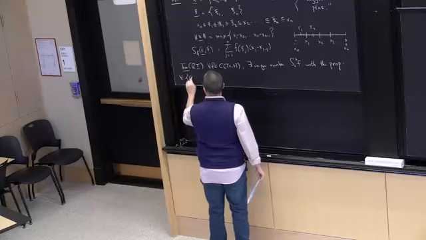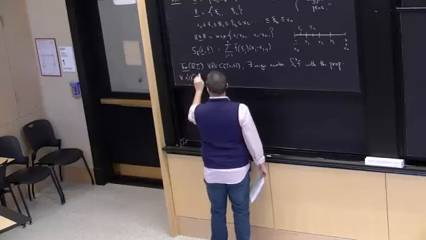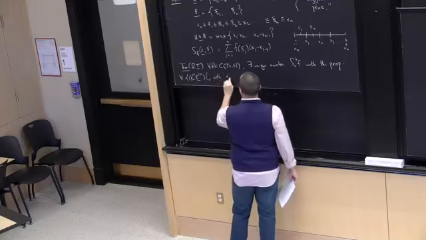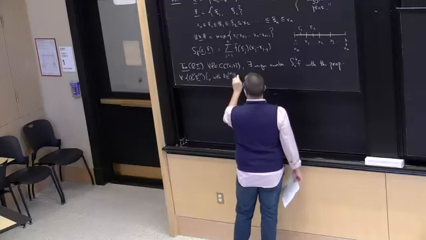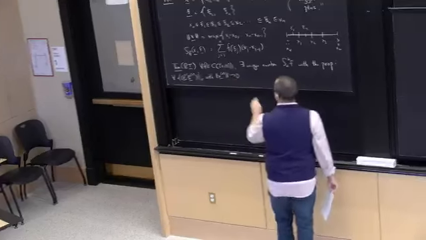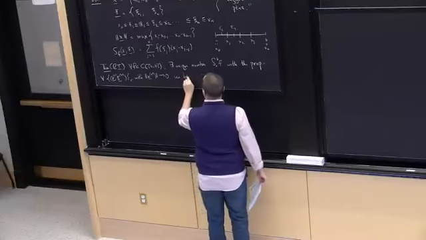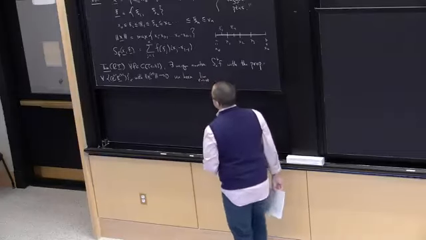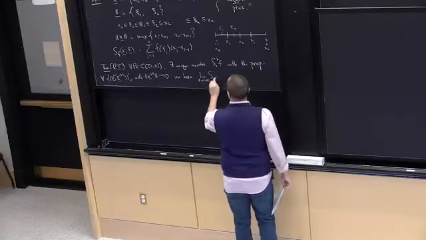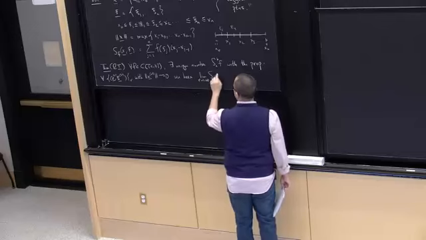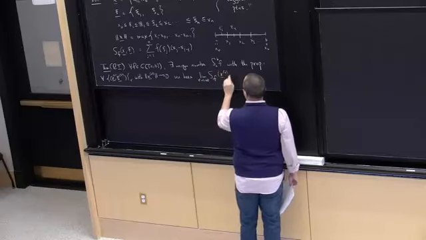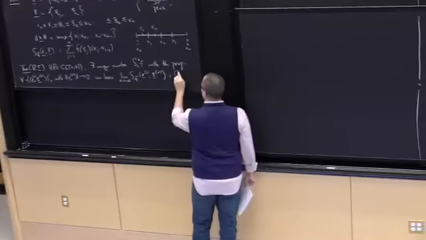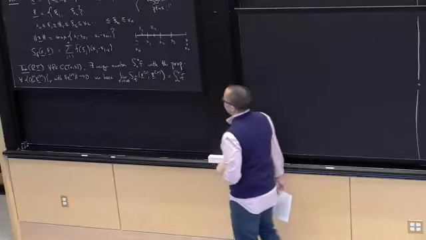for all sequences of tag partitions with norms going to 0, we have that the associated Riemann sums, this sequence, which is now a sequence of real numbers, converges and equals this number integral AB of f.